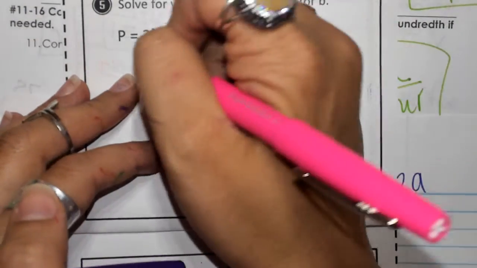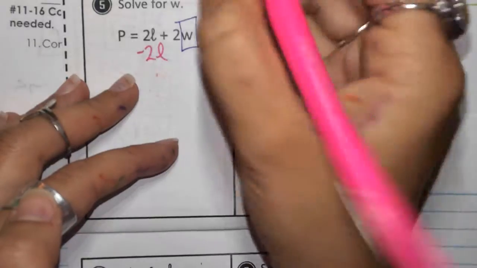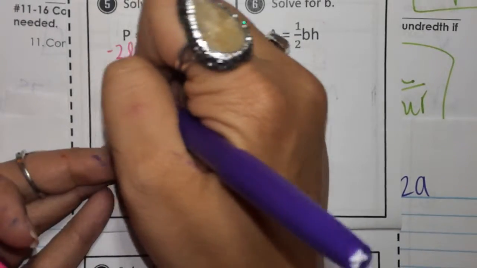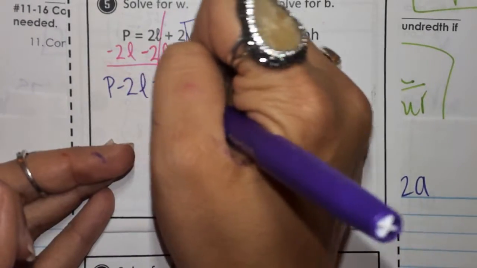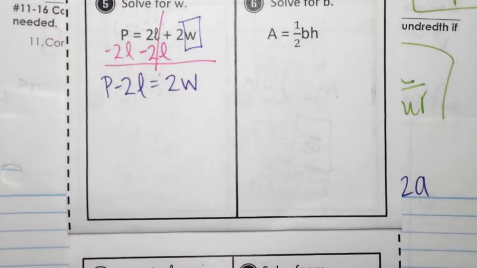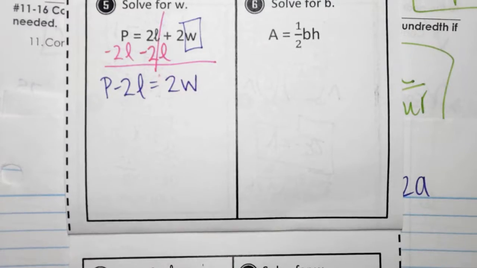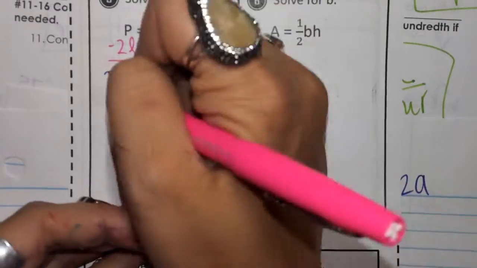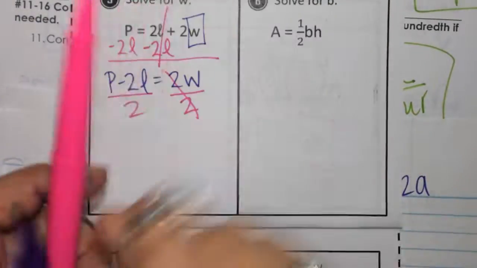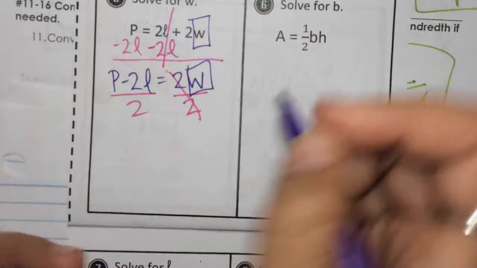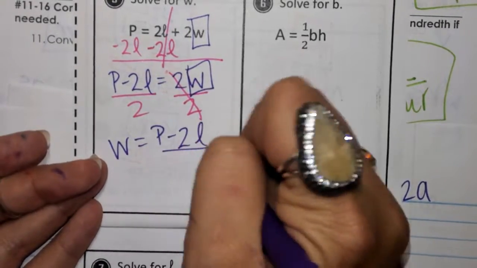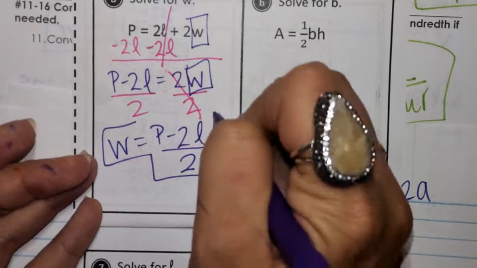So that means we're going to subtract 2L from both sides. And we have P minus 2L equals 2W. Am I done? No. What do I need to do from here? Divide by 2, because W has the force field around it. So W equals P minus 2L divided by 2.